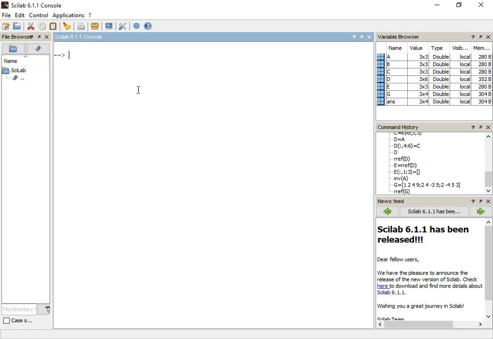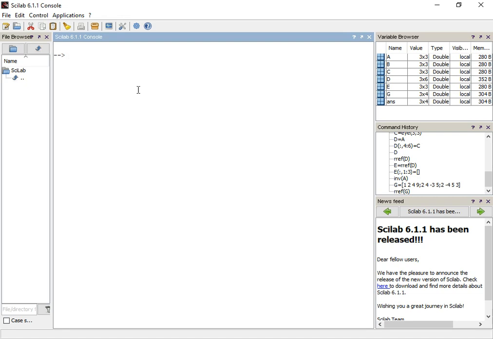Okay. In the previous sessions we have used the RRE form of the matrix to find the inverse and all. Now in this session I am going to discuss eigenvalues and eigenvectors and how to evaluate them using SciLab.